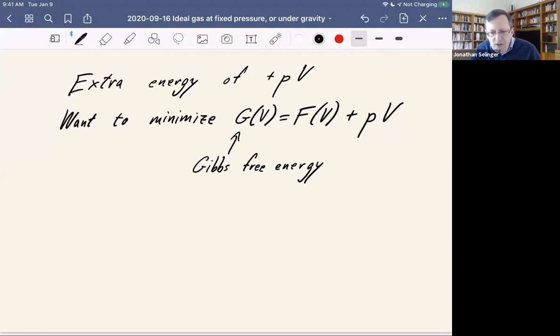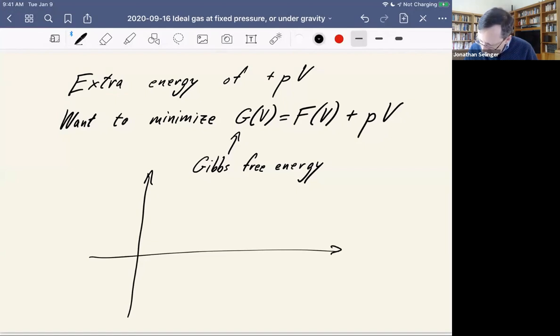So now let's try to make a plot of that. I have the previous plot of the free energy, and now I want to add the pressure volume term. As a function of volume, here is the Gibbs free energy.